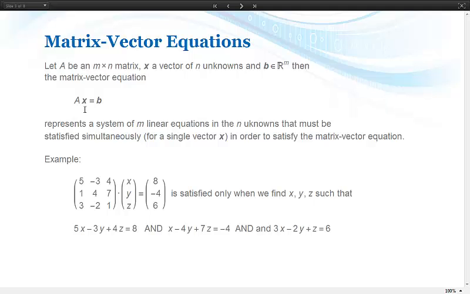We're looking for a single vector x that satisfies this matrix vector equation, and that means it will have to satisfy all of the linear equations.